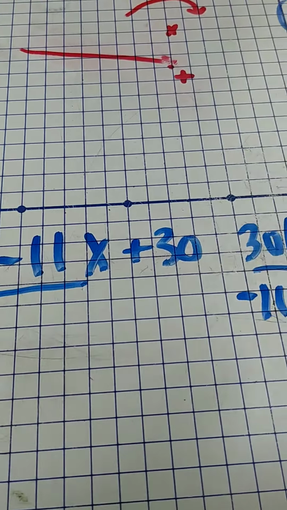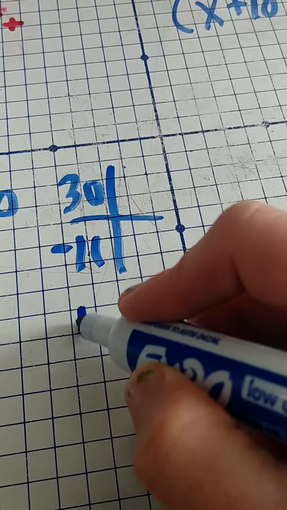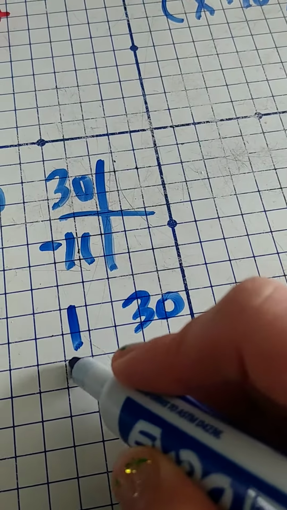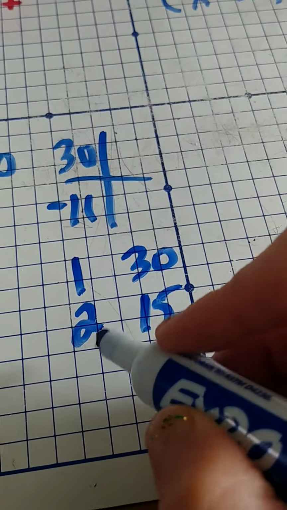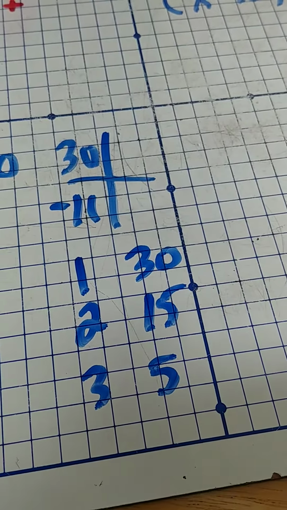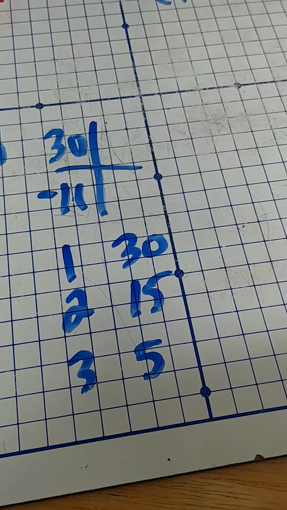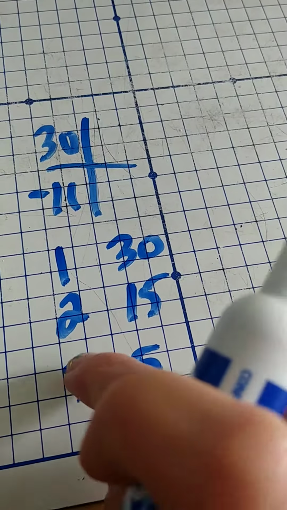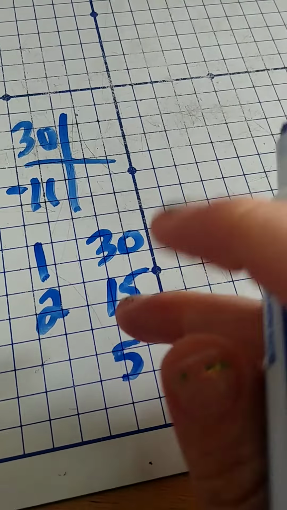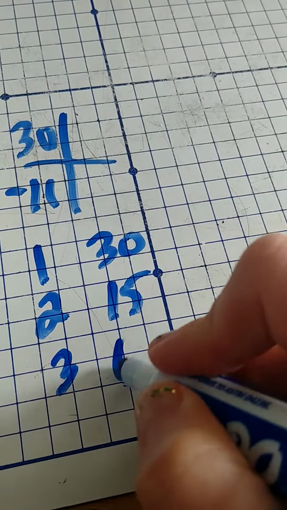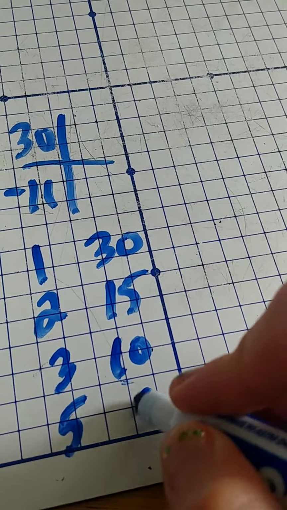So I can see that 30 is positive, and that means I'm either going to need 2 positive numbers or 2 negative numbers. My factors of 30 are 1 and 30, 2 and 15, 3 and 10, and 5 and 6.